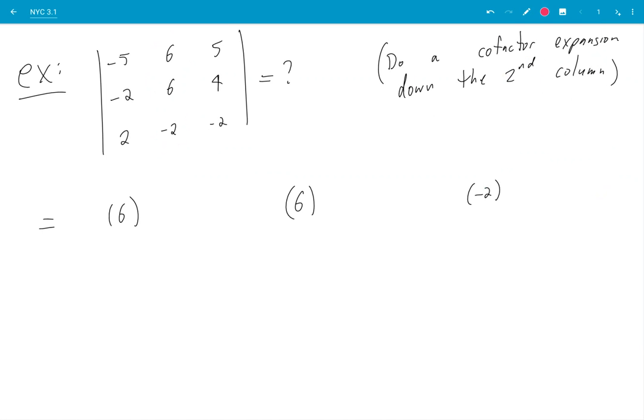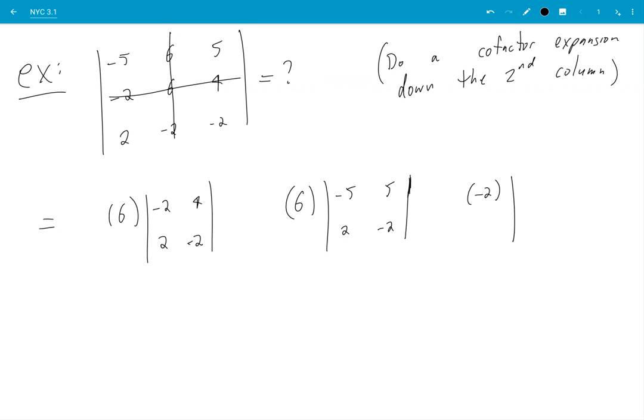Now, when you take the first 6, you have -2, 2, 4, -2. And then when you take the second 6, you have this thing.